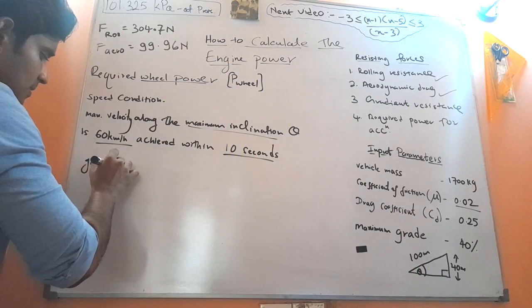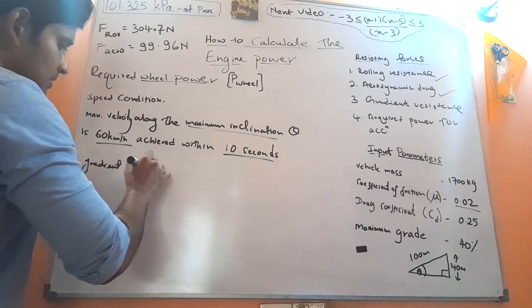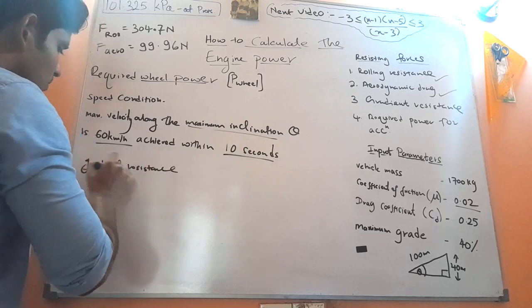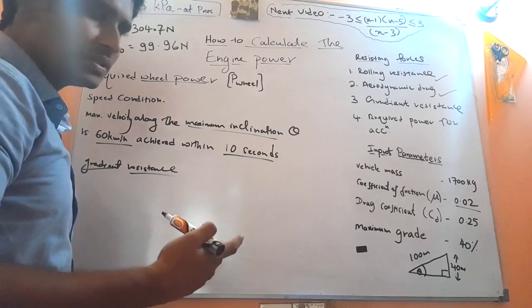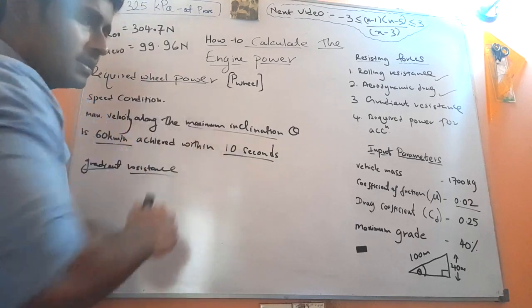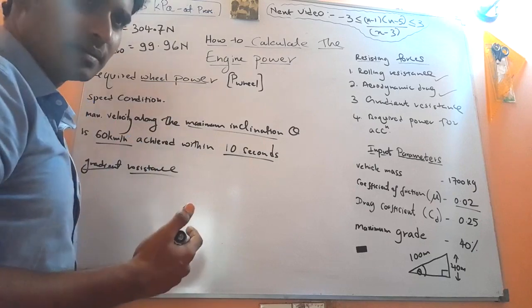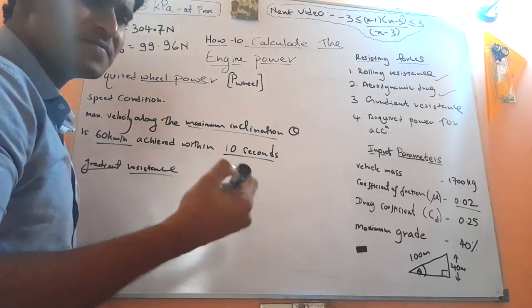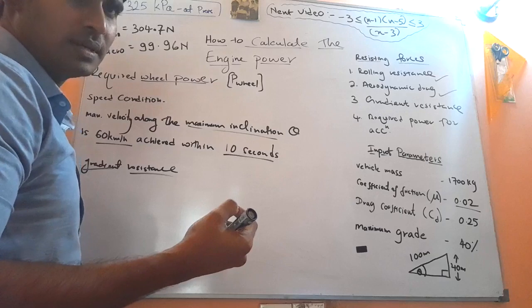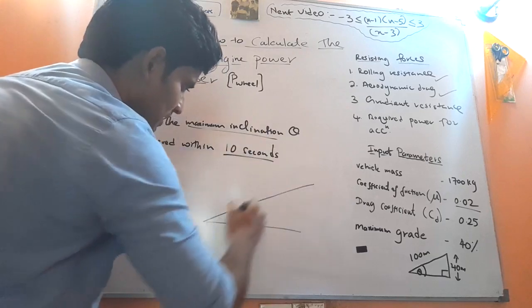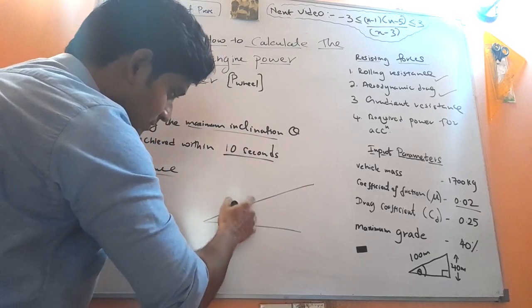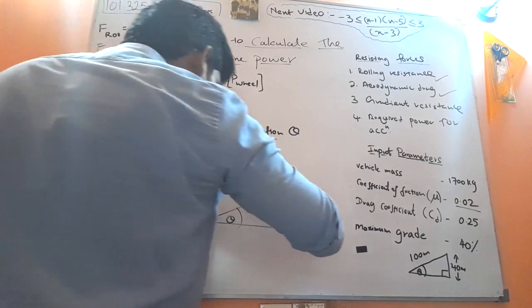Gradient resistance, right? So what is the gradient resistance? That is the resistive force that the engine has to bear due to the weight of the vehicle, because there is a vehicle weight, right? So let's sketch the road inclination theta and the vehicle.